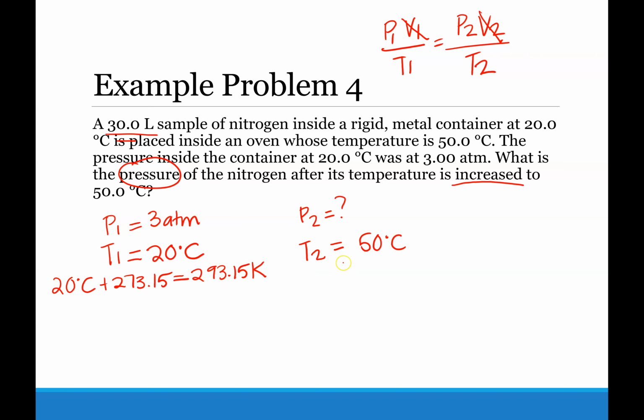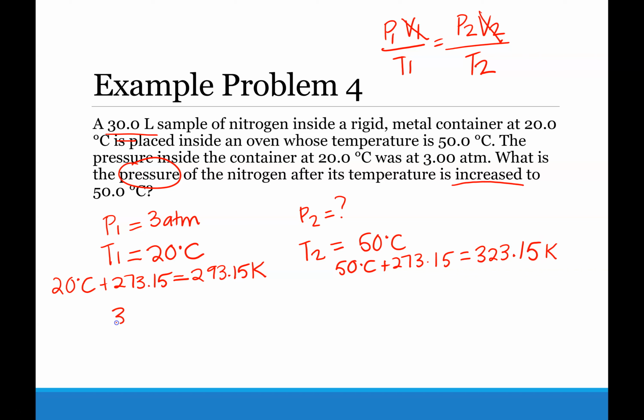For the second temperature, it's going to be 50 degrees Celsius plus 273.15, and so 50 plus 273.15 is 323.15 Kelvin.